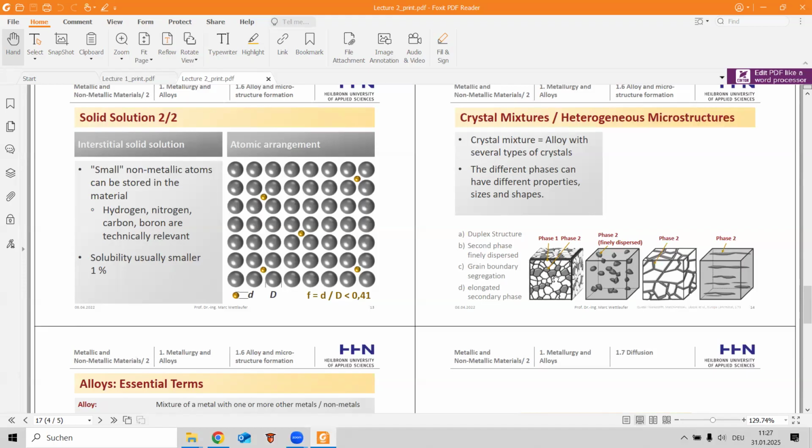In these grains, we can have a second phase dispersed. We can here observe grain boundary segregation. Here phase 2 is at the grain boundaries, and the last is an elongated secondary phase.